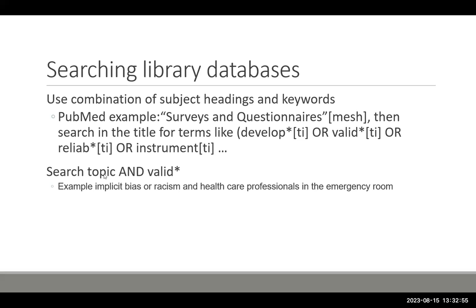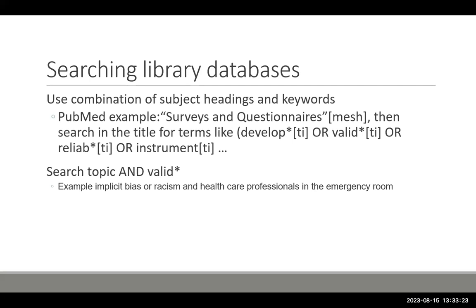And then you could also do the topic, because sometimes I'll just do valid with the star. A student was asking me a couple years ago about implicit bias or racism, if there was something out there, and healthcare professionals in the emergency room. So I think what I did was I went into PsycInfo, like what you just saw a couple minutes ago. And then I gave her some ideas.